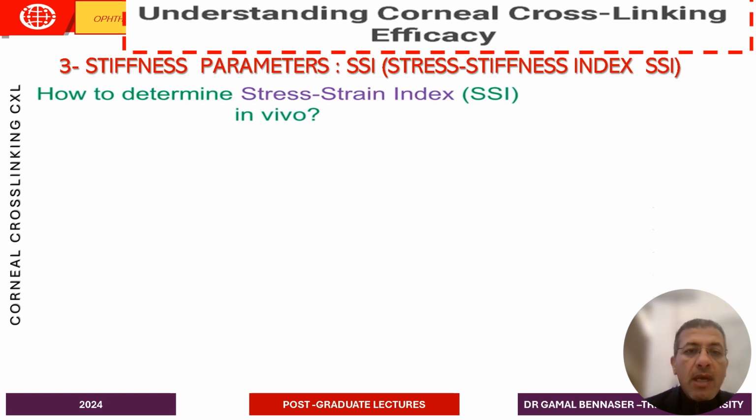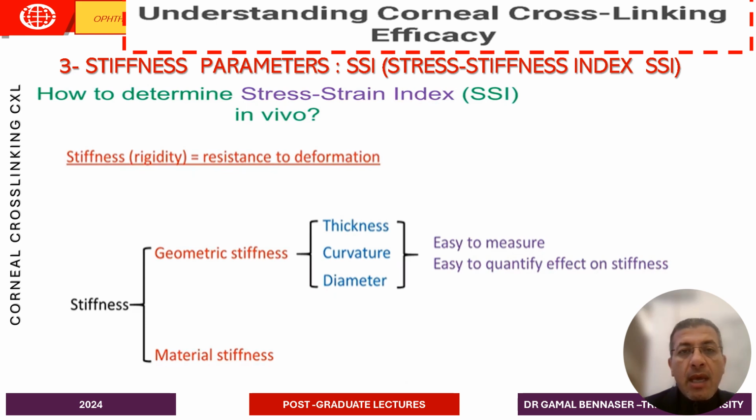This difference in Young's elastic modulus led to the speculation that keratoconus is due to a focal defect in the corneal biomechanics, and if we can manage this focal defect, we can arrest the progression of the disease. The problem facing doctors at that time was that they could not measure Young's elastic modulus in vivo, that's in a human being, outside the labs. All the studies done on human corneas or in animals were done in the lab.